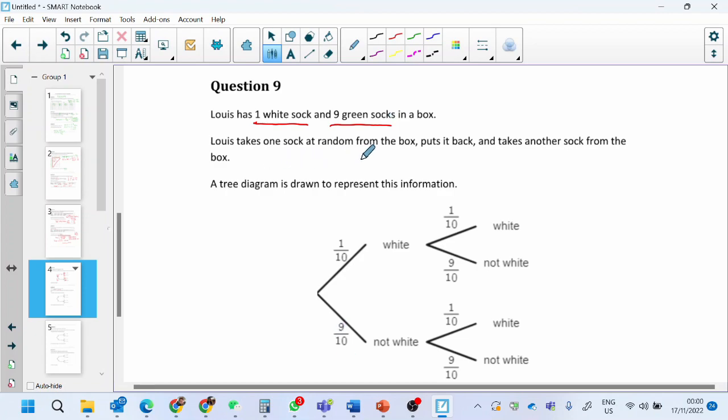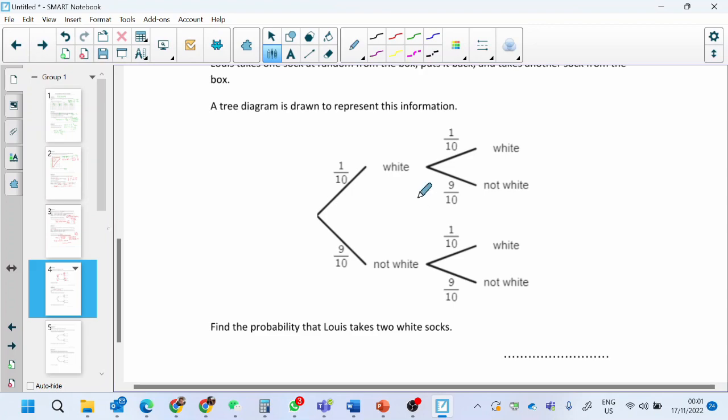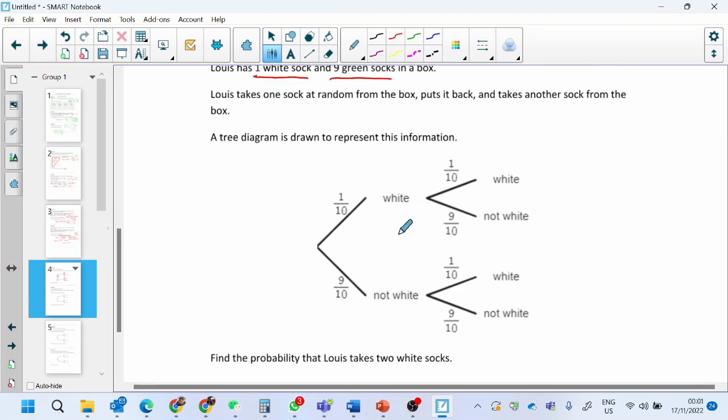Louis takes one sock at random from the box, puts it back and takes another sock from the box. A tree diagram is shown to represent the information. So find the probability that Louis takes two white socks. The probability of getting white in the first attempt is 1 out of 10.